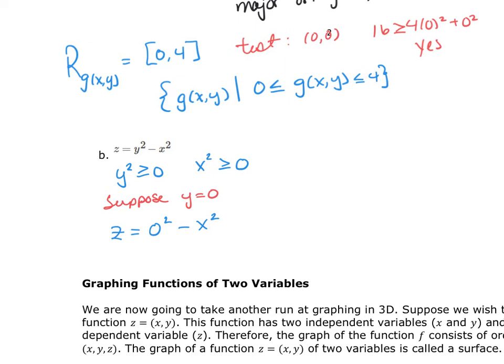We could have the ordered pair of 1 million, comma 0. And of course, if I put that in and I squared it, I'm going to get a very large number. So my z value, we know for the range, it looks like it's going to have negative infinity on one end.